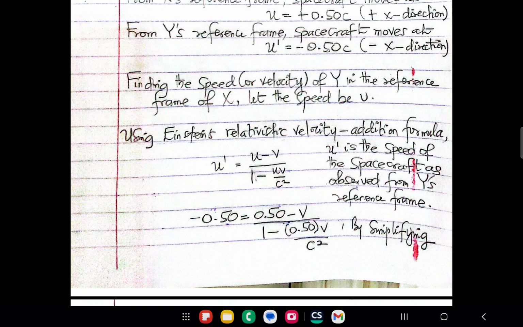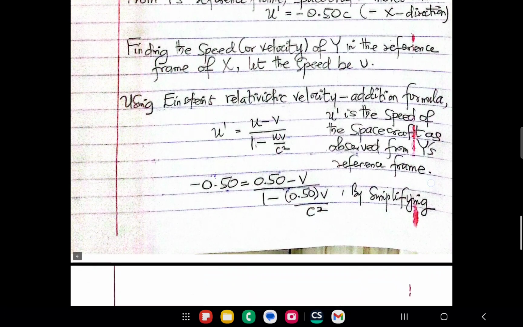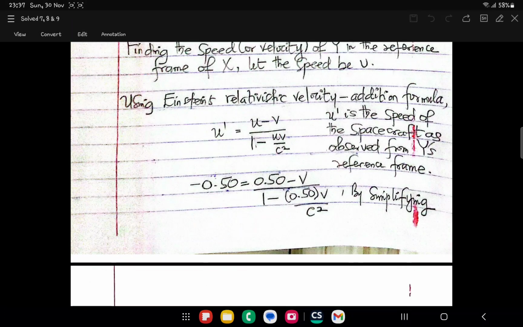What the question is asking us to find is the speed of Y in X's reference frame. Using Einstein's relativistic velocity addition formula, we can write an expression for the speed of the spacecraft from Y's reference frame, where we input the speed of Y in X's reference frame.